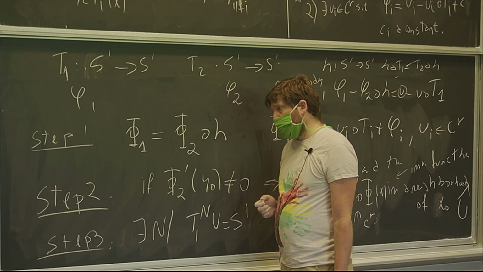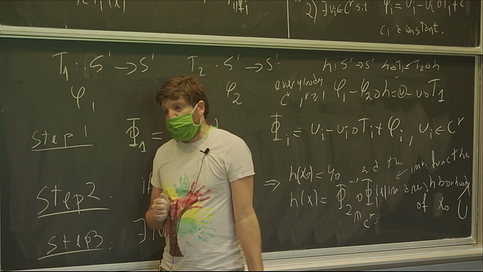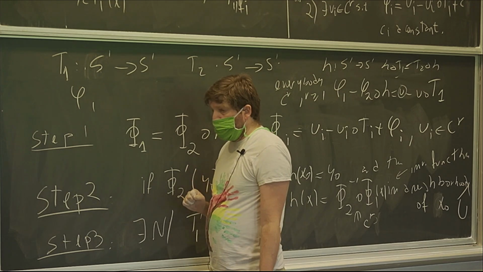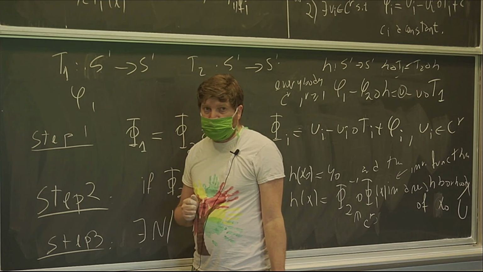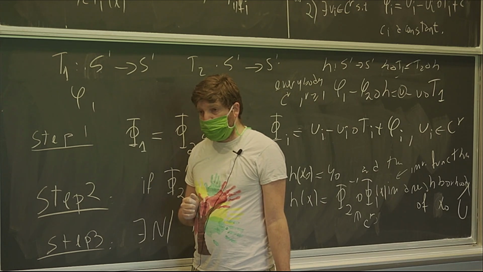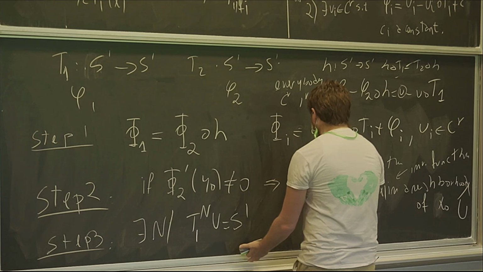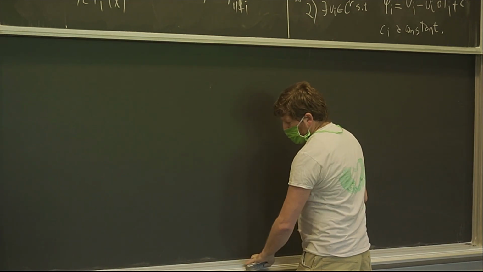Now, instead of doing that, I will make you suffer in a different way. So I will give you the second proof of this same theorem in the circle, but it's the proof that you can generalize into the geometric problem. Okay? So the second proof.